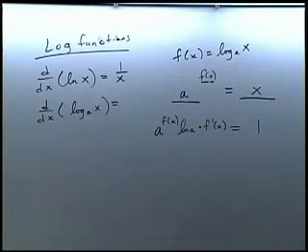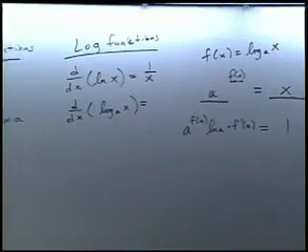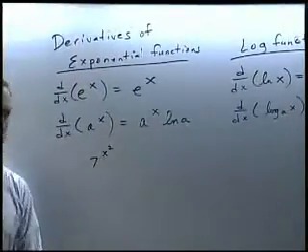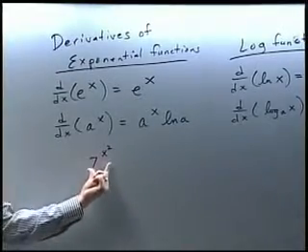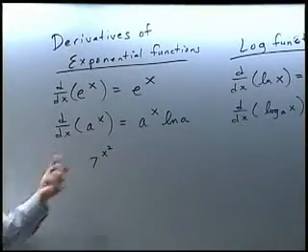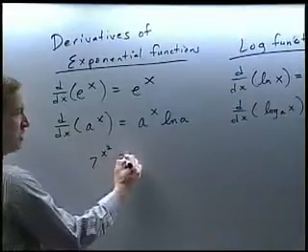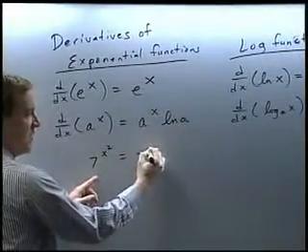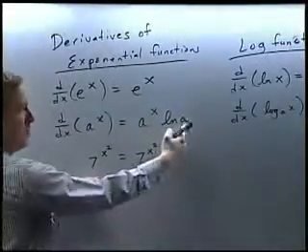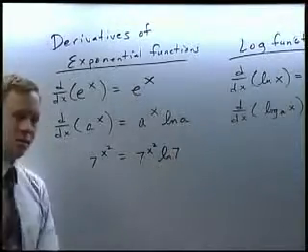Okay? So for example, I'm going to step off to the side here for just a second. What if I gave you the equation 7 to the x squared? And we've done derivatives like this before, and I said, what's the derivative of 7 to the x squared? Well, the first thing we would say is, it's still 7 to the x squared, and we would multiply by the ln of 7. Okay?